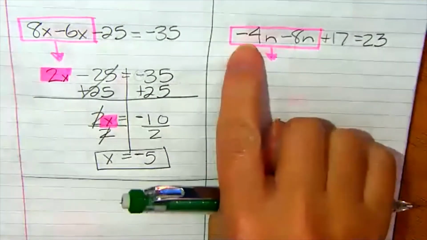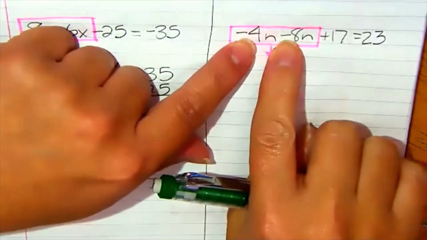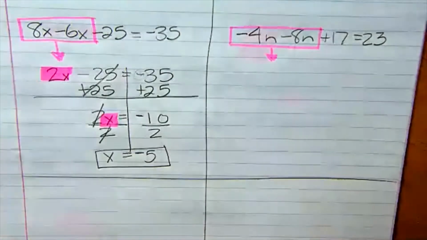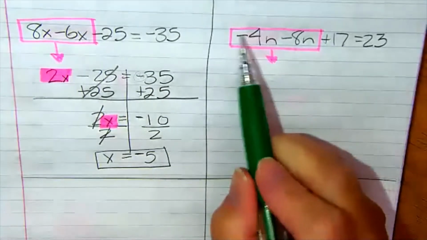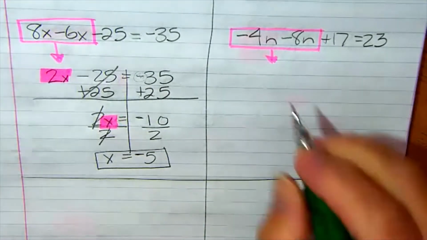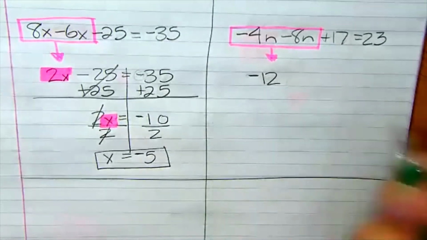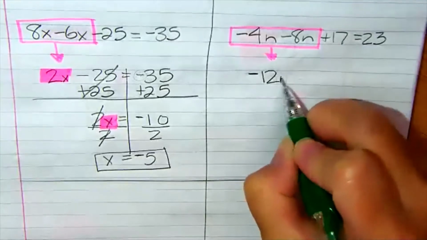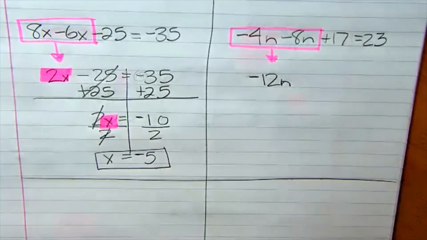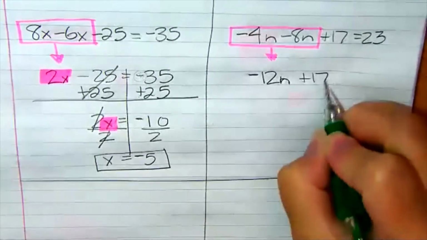So I have negative 4n and negative 8n. Both of my signs are negative, so I'm going to put them together. Negative ninjas are getting together with negative ninjas. It's going to be a party. I'm going to put them together and keep my sign. And here's my tag-along variable. Everything else comes down.